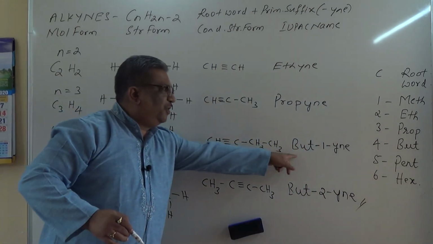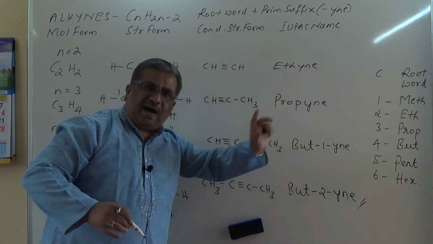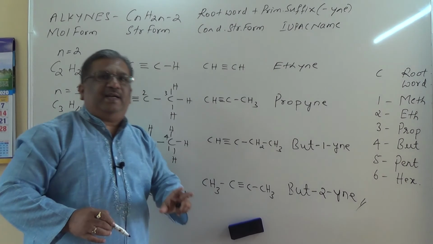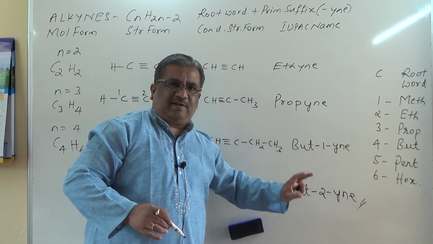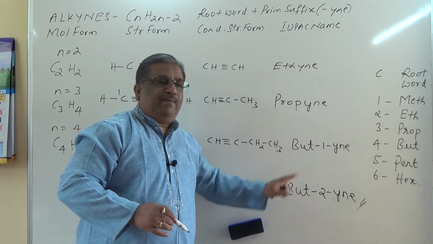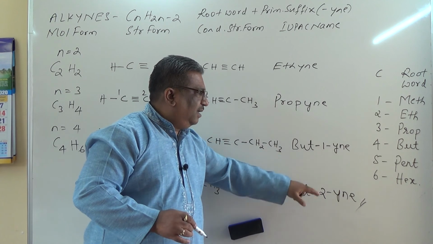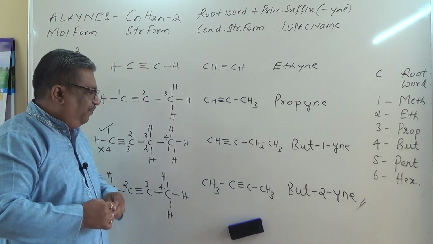So here it was but-1-yne and here it is but-2-yne. 1-butyne is also acceptable, but nowadays it is customary to write but-1-yne, but-2-yne, etc. Acceptable could be 1-butyne and 2-butyne, no problem, but still you try to refer to this, as it is recommended for writing the IUPAC name.